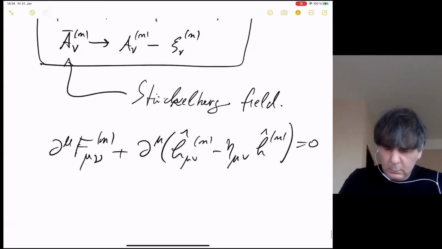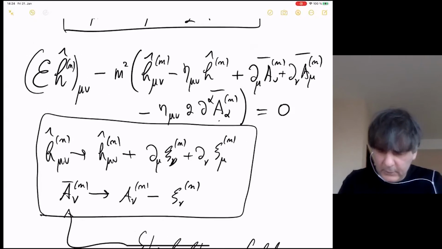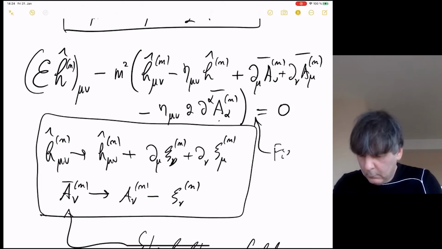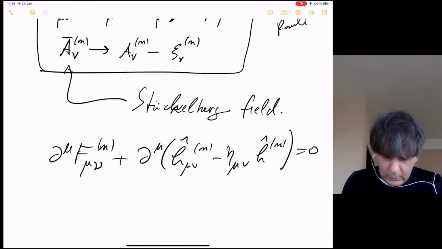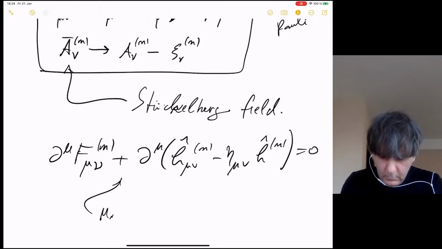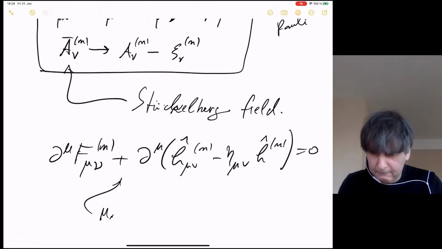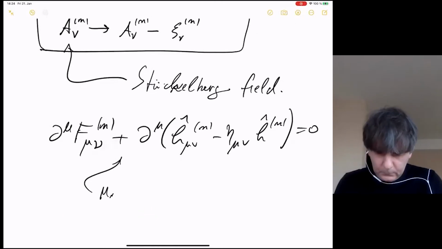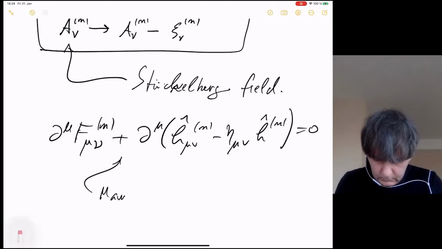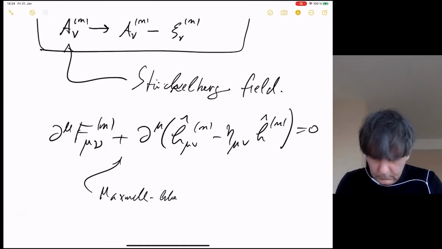So what do we have? We have first Pauli, and here we have a Maxwell-like equation. This equation is Maxwell-like, with a source.